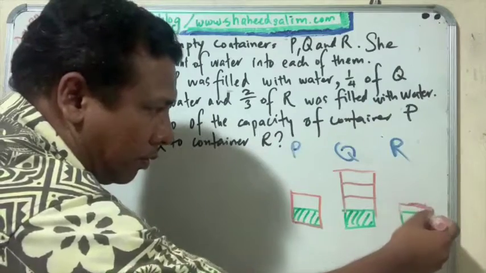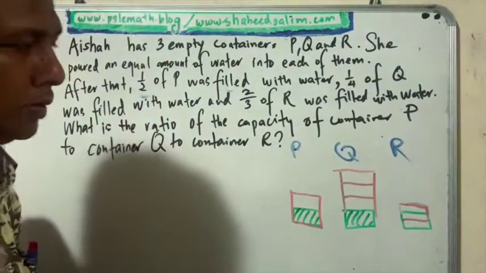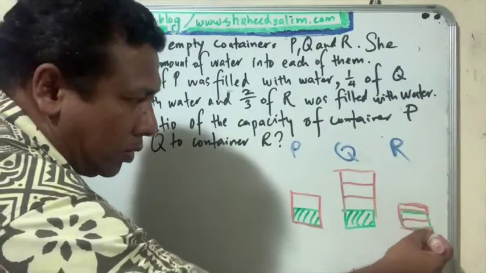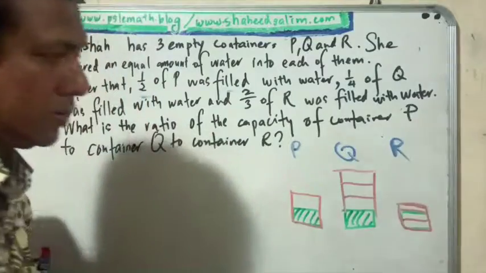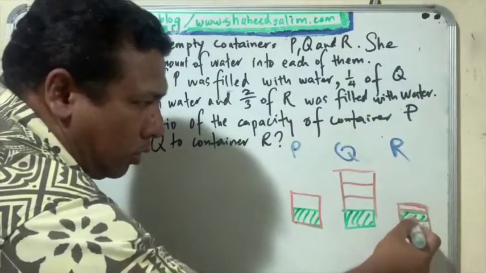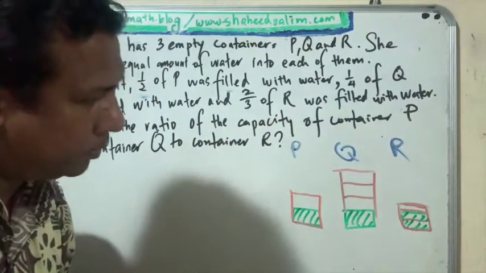Right, this is like half of it. You divide it into 2 parts. So this whole thing is 3 out of 3 parts, and you got 2 out of 3 parts here. Can you see?